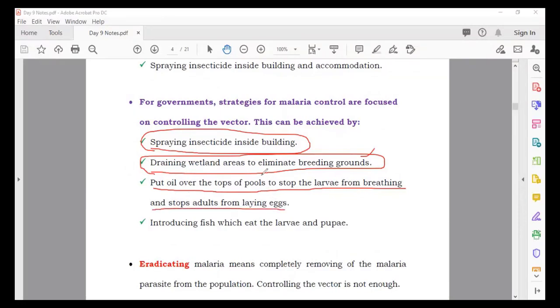You know, sometimes in swimming pools the mosquitoes can lay eggs there, and they can form small larvae there.